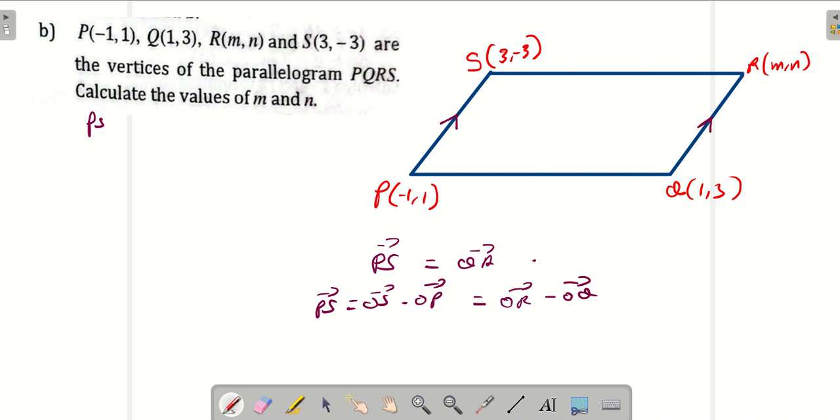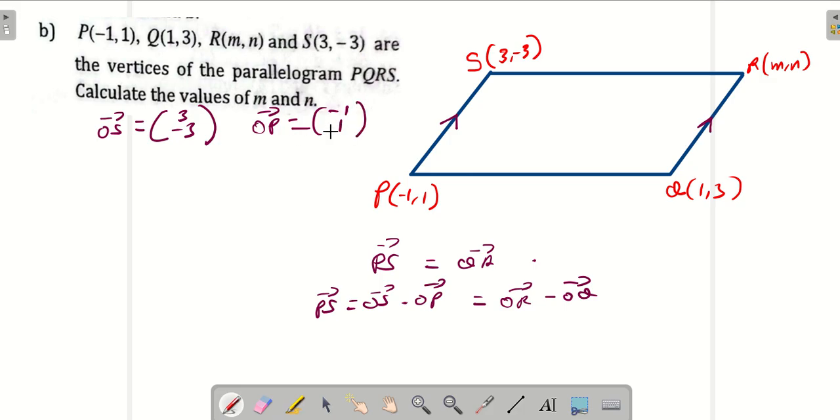Let's first find OS. Now OS is the same as S, but we need to write it in terms of vector. So it's going to be 3, -3. Then let's write OP. OP is the same as P, but we need to write it in terms of vector, -1, 1.